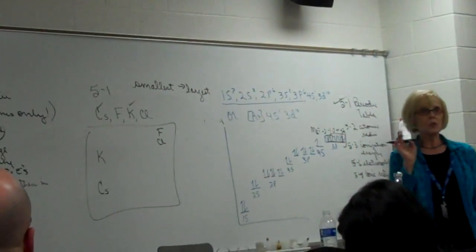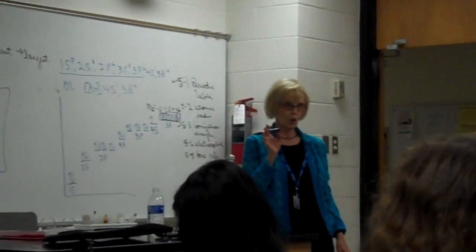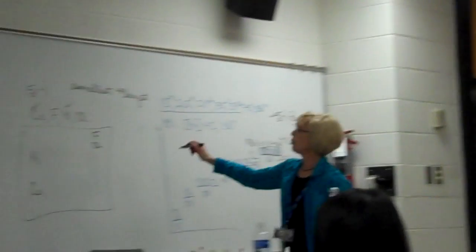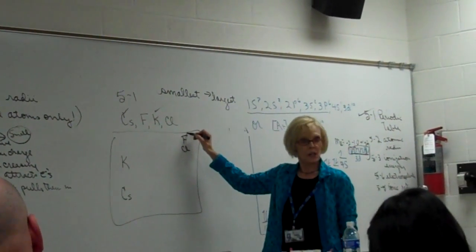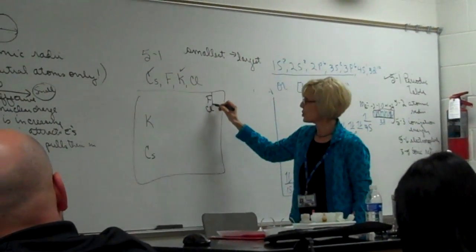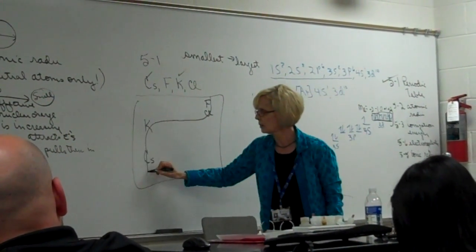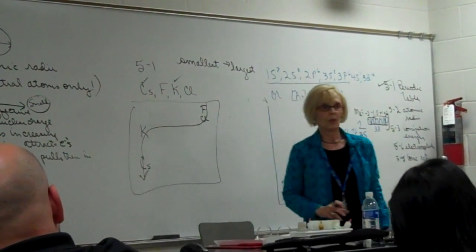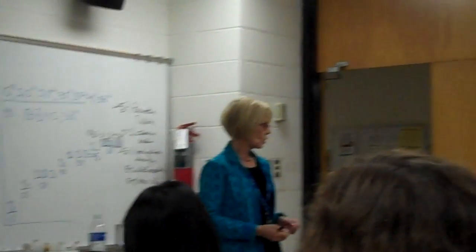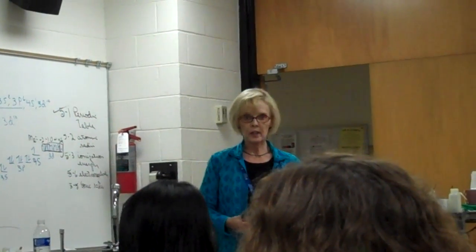Okay, where's my smallest area of all? Fluorine. Here's what I do. I start at the hot spot, in this case for the smallest. I just snake my way down to there. Now I know some of your brains are going, what if, what if, what if?